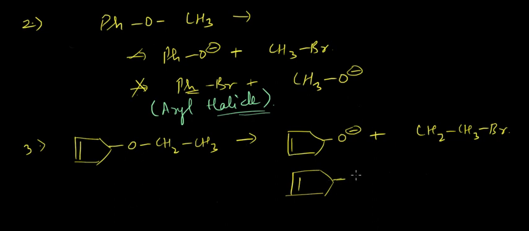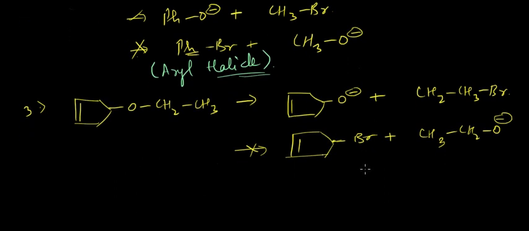By positive charge I mean the Br here and CH3CH2O minus should not be the case, because we'll have the formation of a partial positive charge on the carbon in the intermediate state.